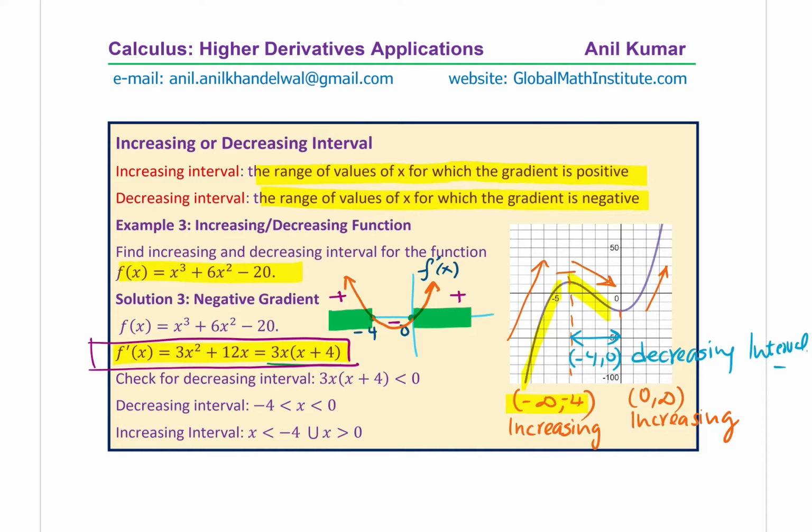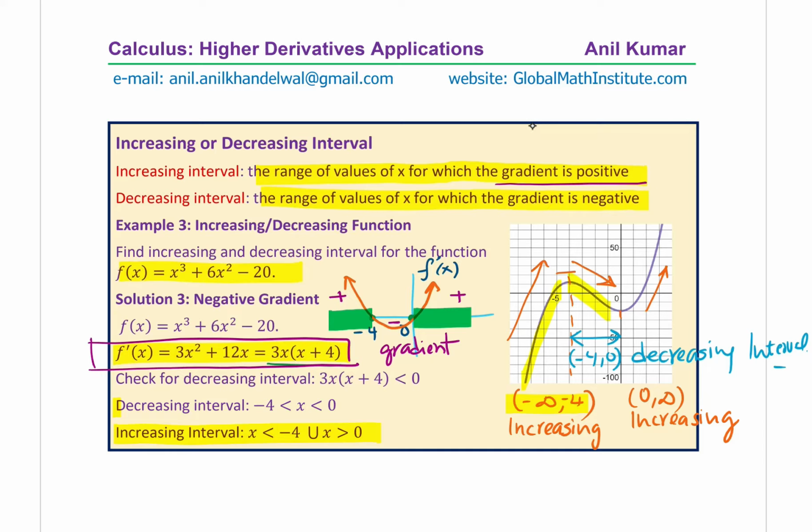Now connect with the definition. Gradient is positive. This is the graph of the gradient, correct? So the gradient is positive from minus infinity to minus 4, and therefore we can write down that the increasing interval is when x is less than minus 4 and also when x is greater than 0.